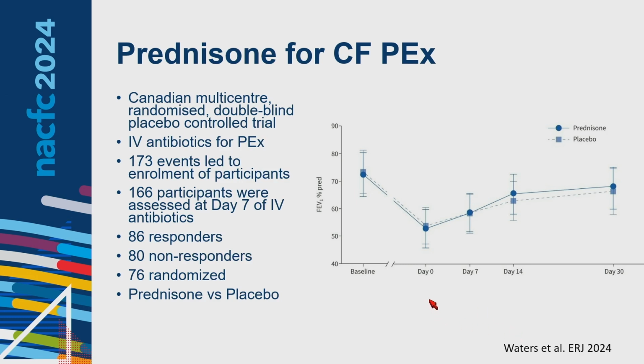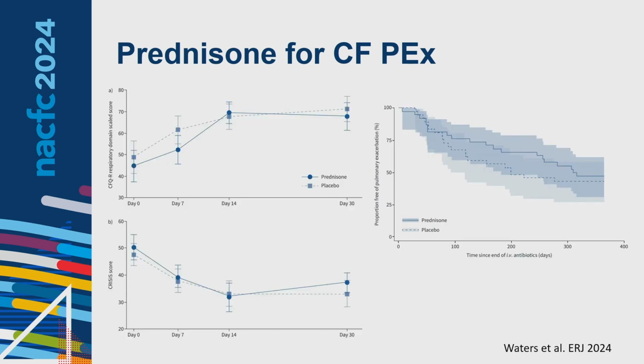And this was at day 7, and you can see with the prednisone group on the dark blue circles and the placebo on the squares, there was really no difference in using prednisone when it came to FEV1. Did it make people feel better, at least as recorded by the CFQ-R respiratory domain?